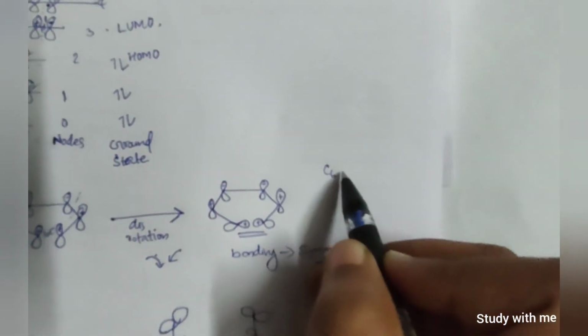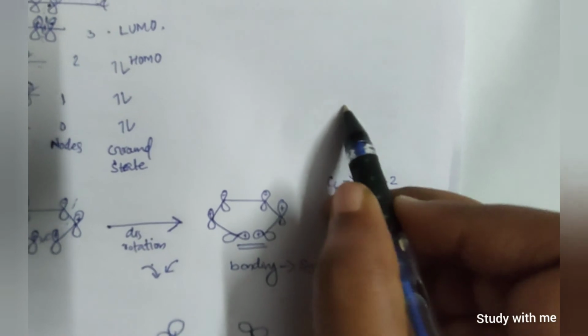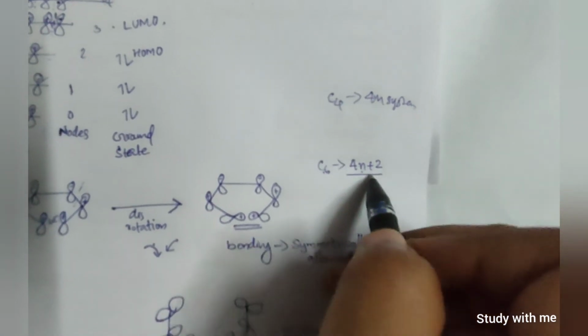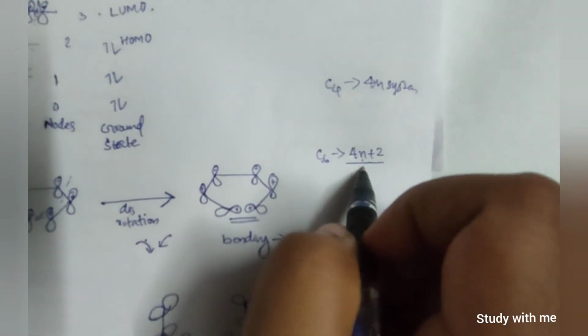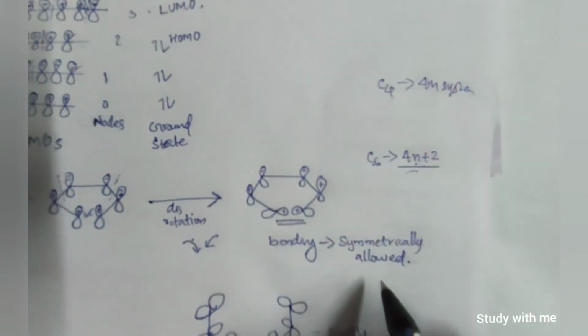We know that the C6 system is a 4n+2 system by Huckel's rule, and for your information, C4 will be a 4n system and C6 will be a 4n+2 system. Then this is the 4n+2 system, and a 4n+2 system will have a thermally allowed condition by disrotation.